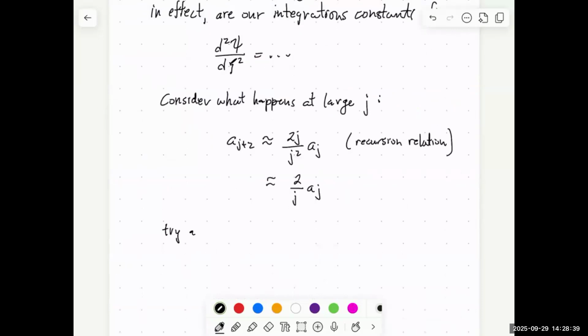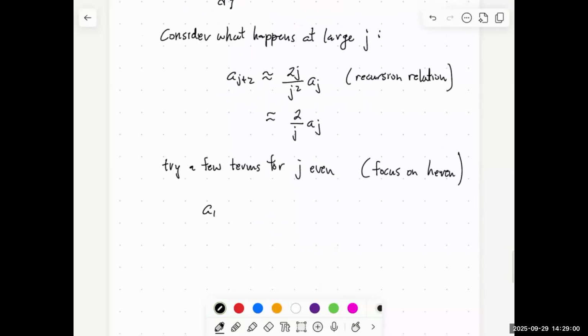Let's try a few terms for J even. So now I'm going to focus on the even part of our series and see what we can learn. I'm just going to make up a large value of J. So what would this tell us? I'm choosing J equals 98, which the recursion relation would then give me a_100.